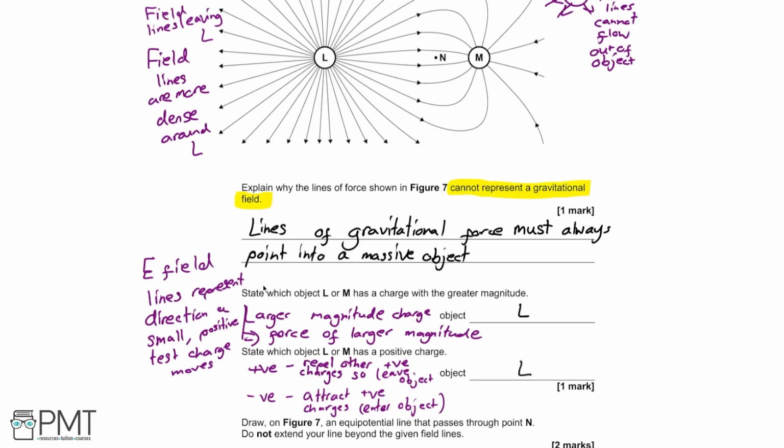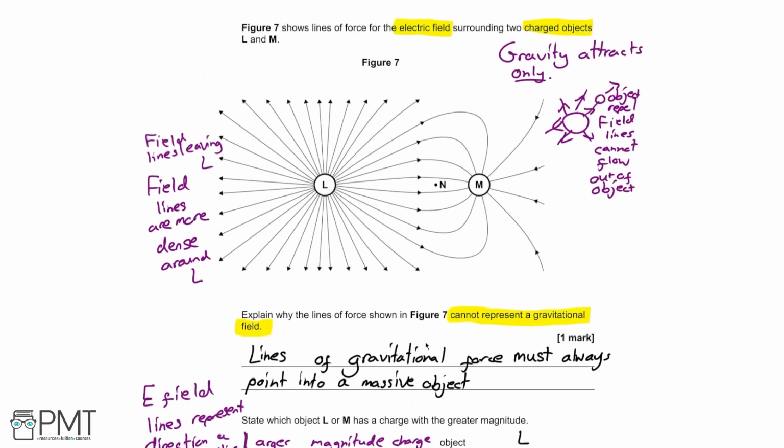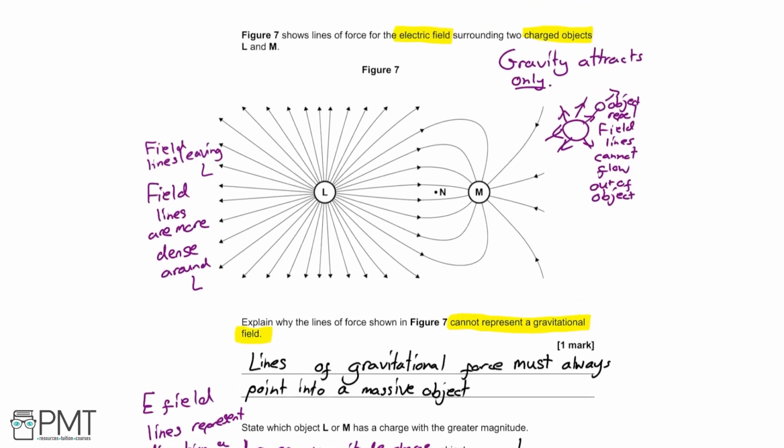The last part of the question says, draw on figure 7 an equipotential line that passes through point N. Do not extend your line beyond the given field lines. So in order to answer this question, we need to remember what an equipotential line represents.